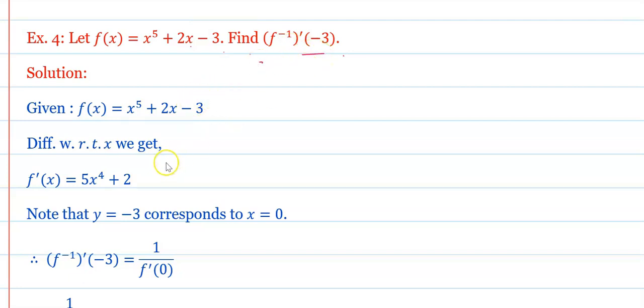Okay. Now, first, will we directly express x in the form of y? No. We'll apply the definition of the inverse function. Means what? dx upon dy is equals to 1 upon dy upon dx. Okay. Now see this. F of x is equals to x raised to 5 plus 2x minus 3.